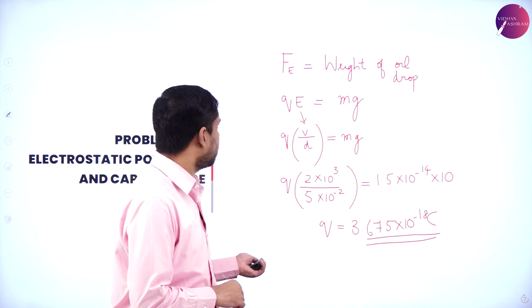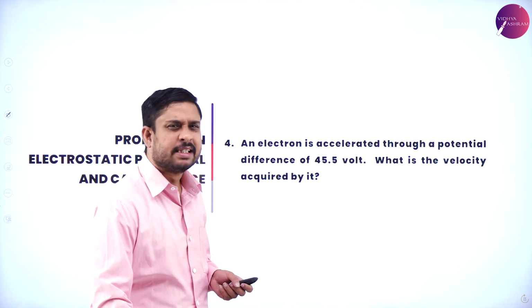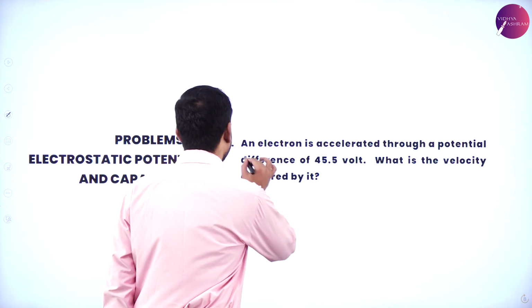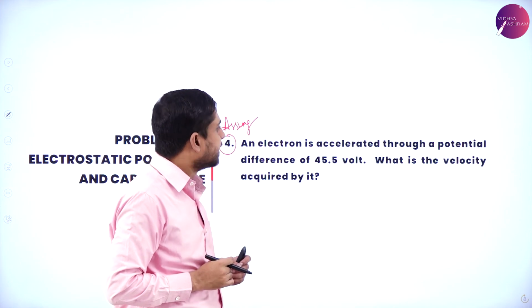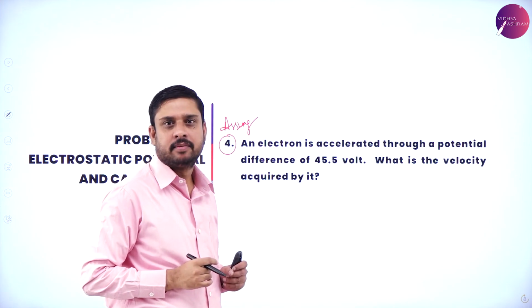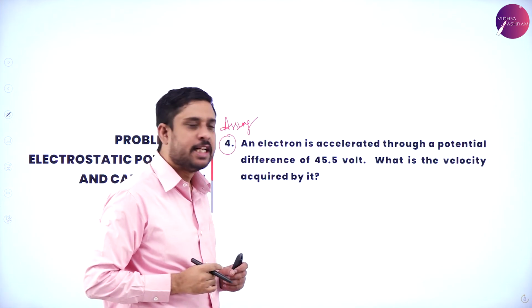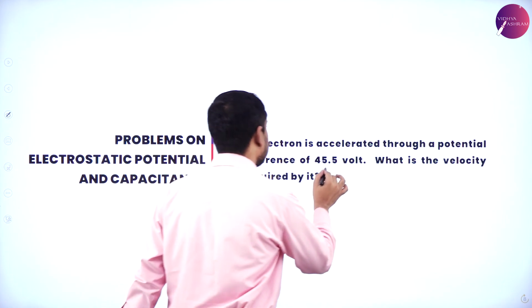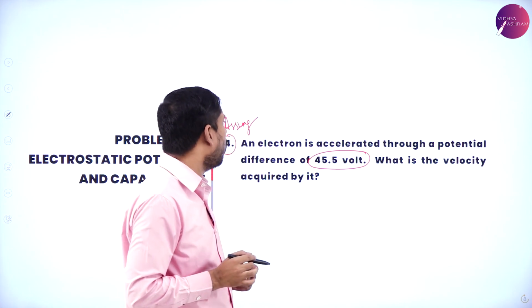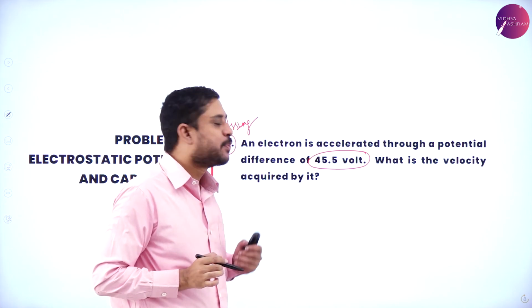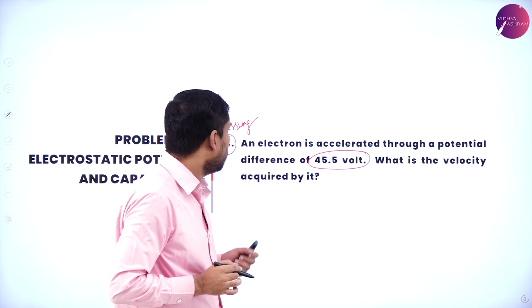The next one, students. This is a slight assignment for you all. An electron is accelerated through a potential difference of 45.5 volt. Applied potential is given.